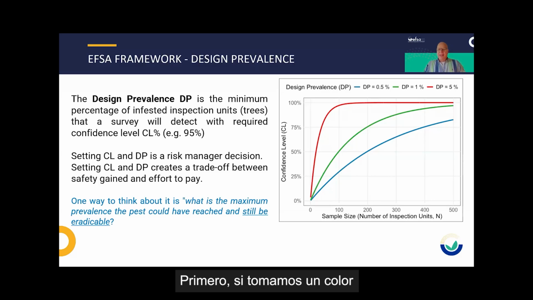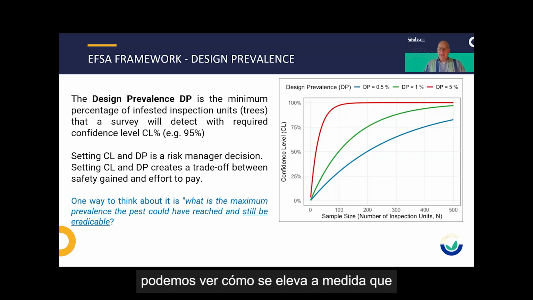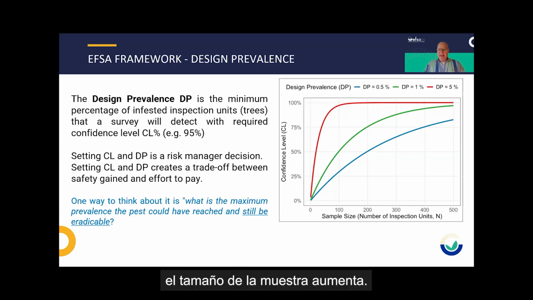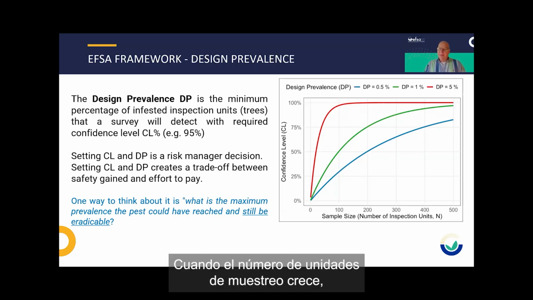So first of all, if we take one color into account and follow what the colored graph, let's say the green one, is doing when we raise the sample size. You see how the line is growing, so that means the confidence in the survey conclusion is rising with the number of inspection units.